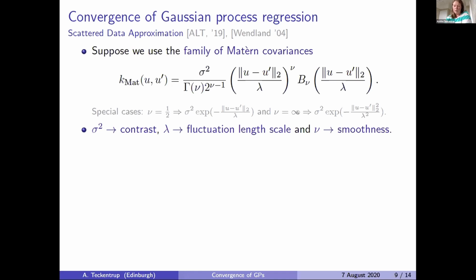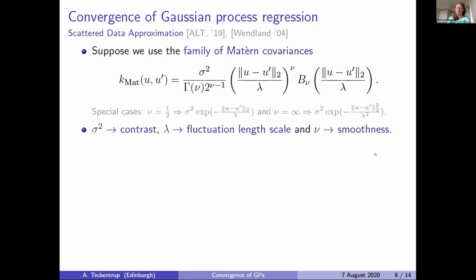And when nu equals infinity, or in the limit as the smoothness nu tends to infinity, you get the Gaussian covariance function. The only difference between these two is that you have a square in the norm here. This one is a lot smoother, and it gives you sample paths which are analytic, so C infinity sample paths.